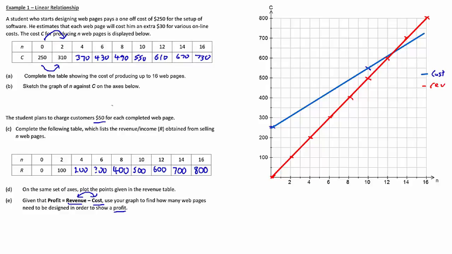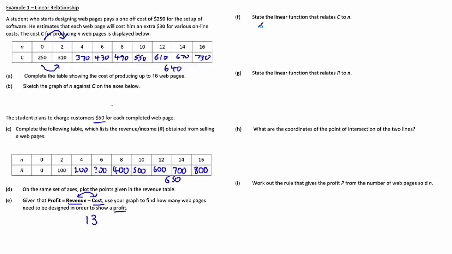It seems to me the first time it's above is here at 13. And we can always check that with a calculation. So 610 add 30 would give us 640, and here 13 would give us 650. So certainly at 13 it's above, so that's going to be 13.